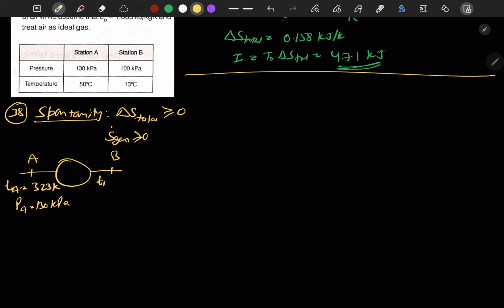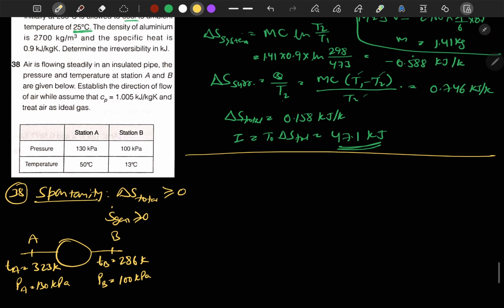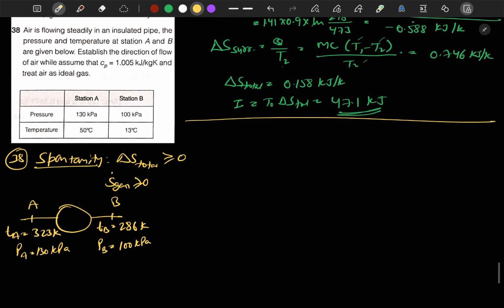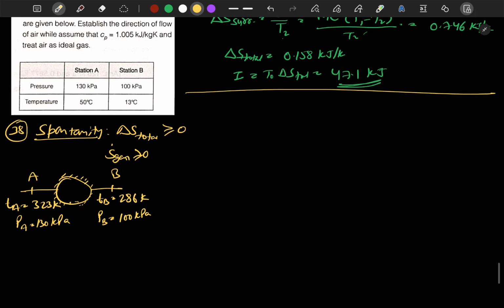Tb is equal to 13 degrees Celsius, which is converted to 286 Kelvin, and Pb is equal to 100 kilopascal. It is also mentioned that the system is totally insulated. The question is to establish the direction of the flow, and we are given Cp equal to 1.005.